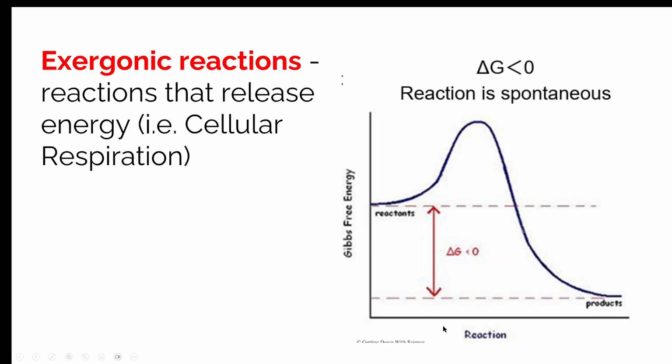The x-axis is going to represent the reaction rate over time, and the y-axis is going to represent the amount of energy available in the system. So we start here on the far left with the reactants, and they're going to be at a specific energy state. And what we need to do is input a little bit of energy into the system and get those reactants to a point where they're at a very high energy state.